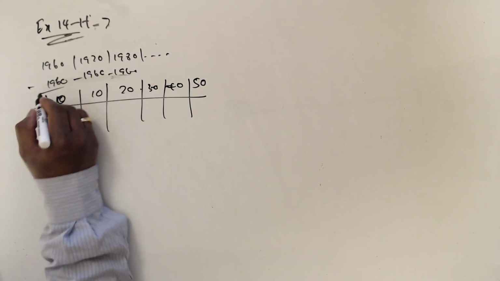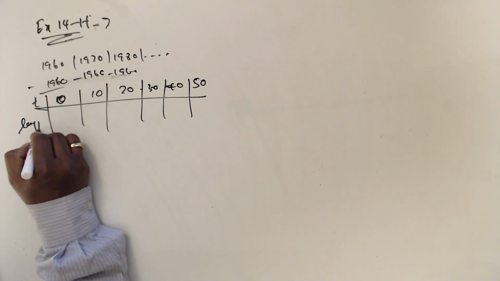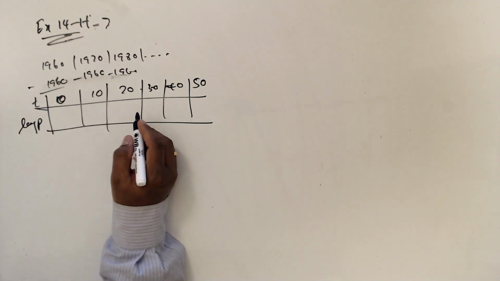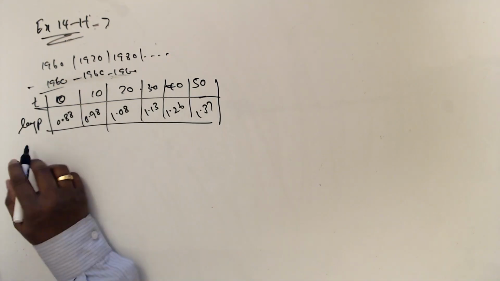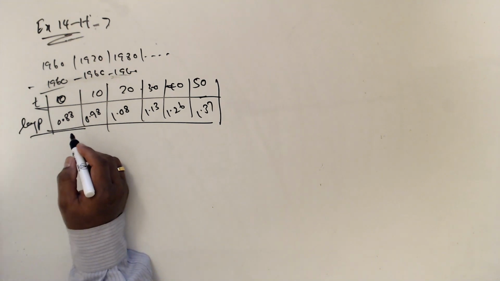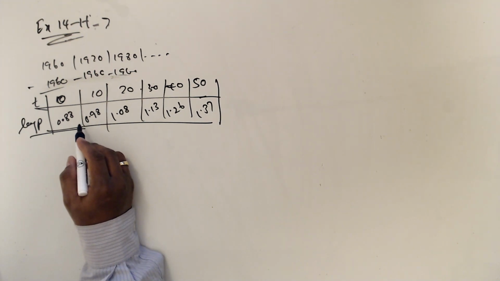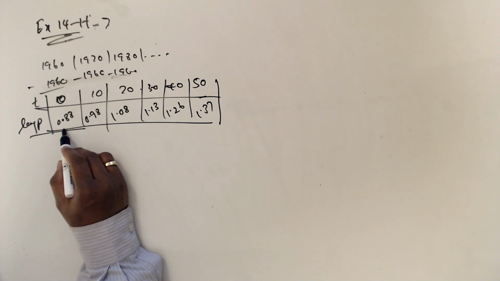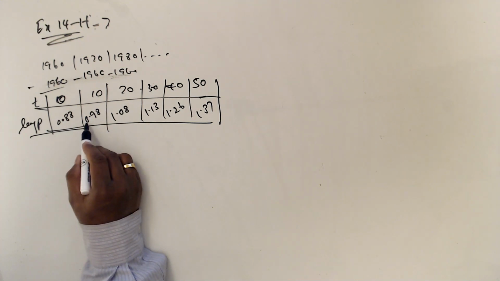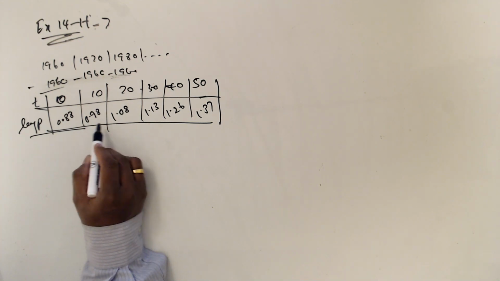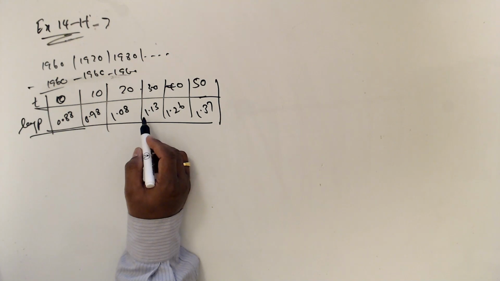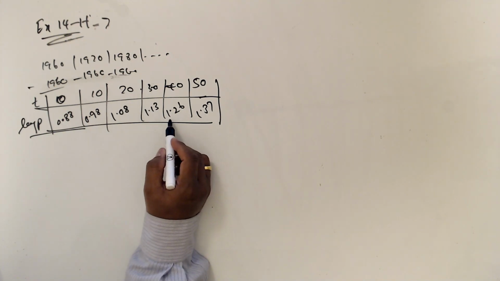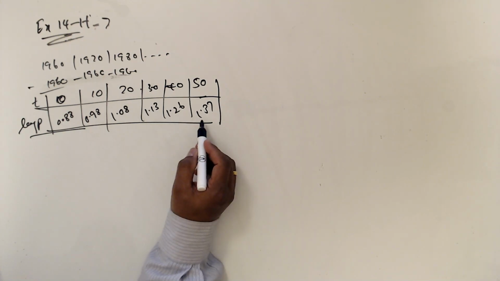And this is t, and this is log p. So you'll get this table when you take log. This is going to be log 7.6, this is log 9.5, log 12.1, log 13.6, log 18.3, log 23.4.